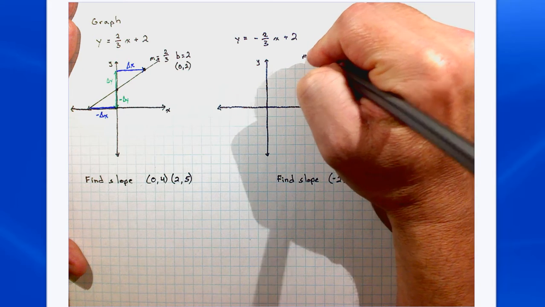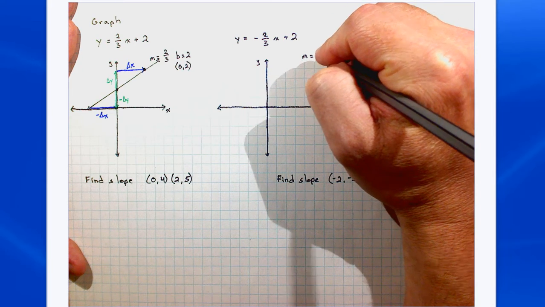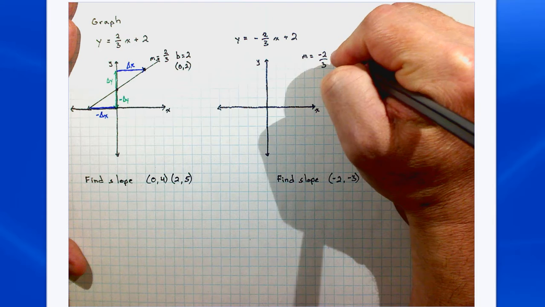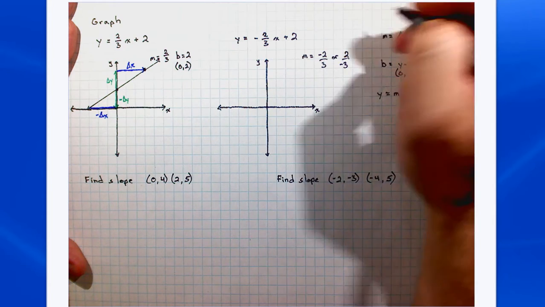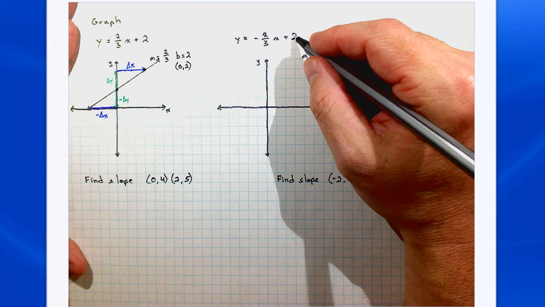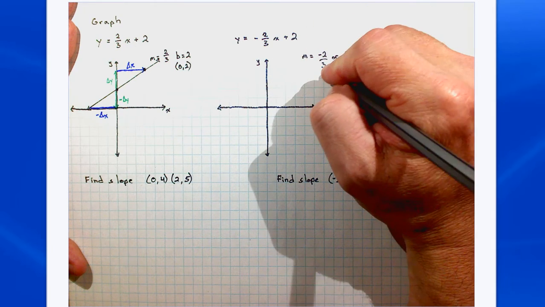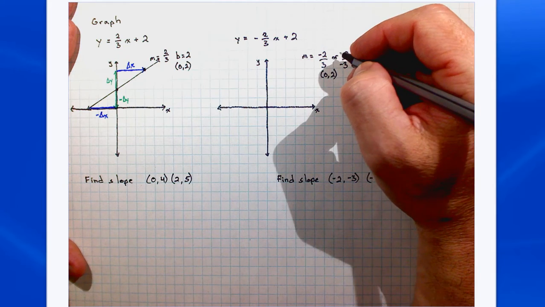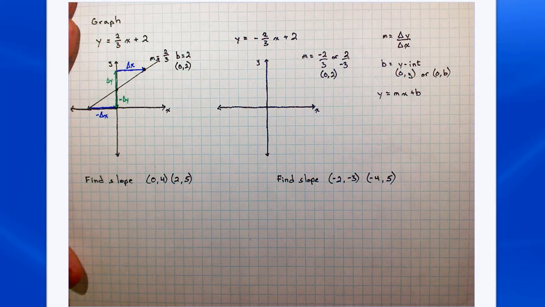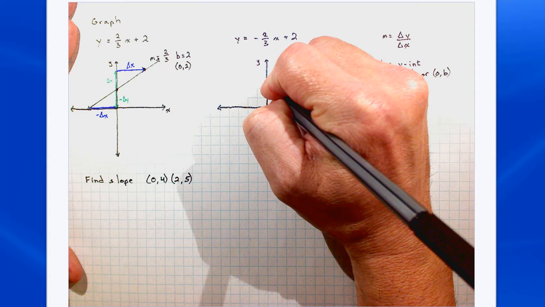My slope is a negative 2 over 3, or 2 over negative 3, and my y-intercept is 2, so 0 comma 2. This is my starting point. Slope will give me the direction. So starting point is 2.